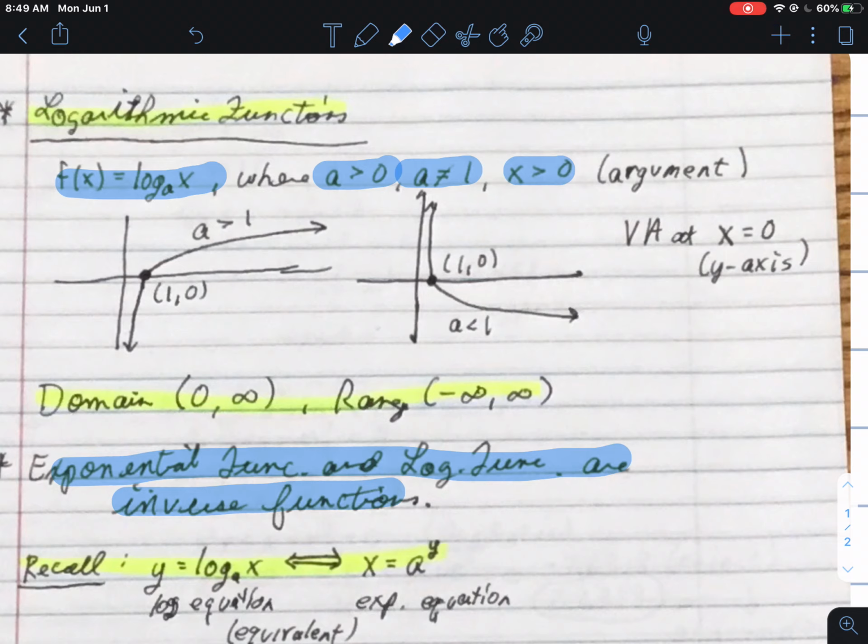But that's by definition. Graphically, again, depending upon the size of the base, if the base is greater than 1, just like with your exponential functions, you get an increasing function. So you get a graph whose basic shape is something like this. Now remember when we talked about the exponential functions, they all had the same y-intercept at the point 0, 1. Notice for the log functions, their x-intercept is at the point 1, 0.